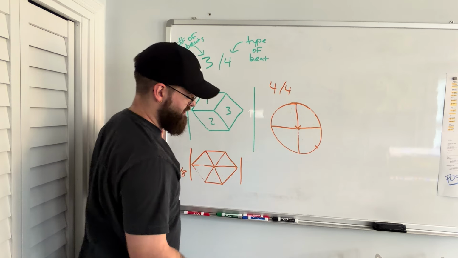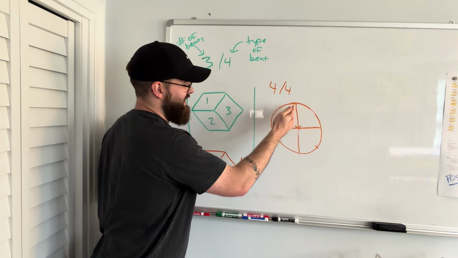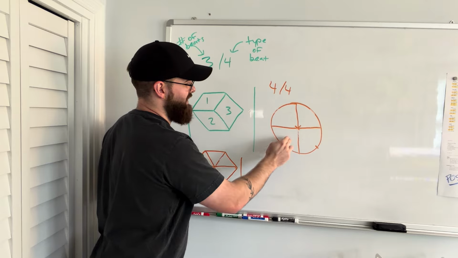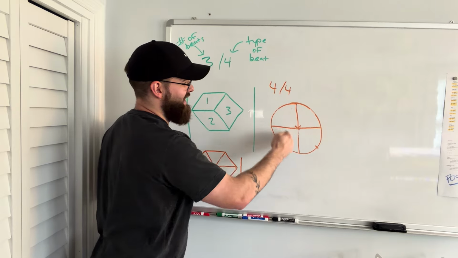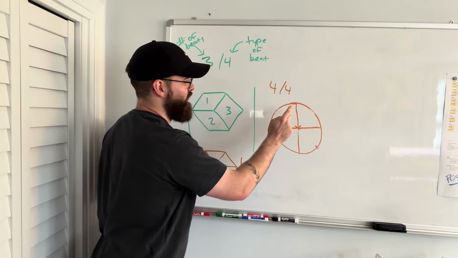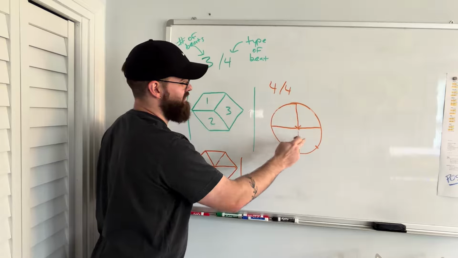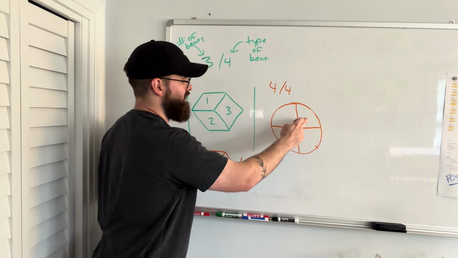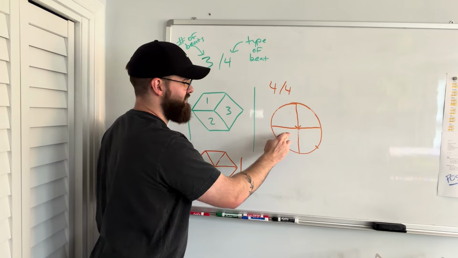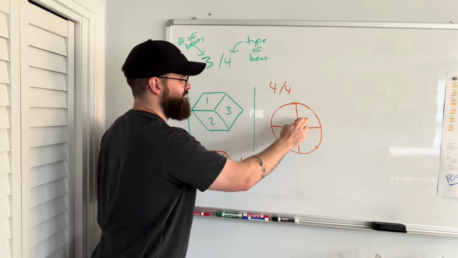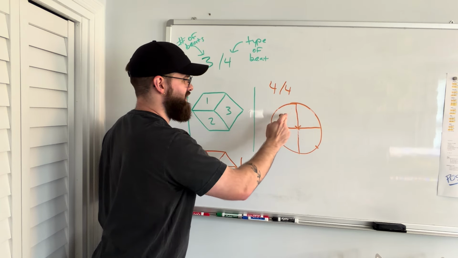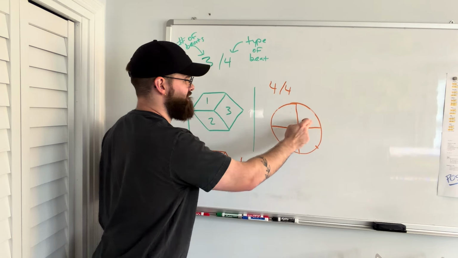Remember when we counted this in 8th notes, we went 1 and 2 and 3 and 4 and. Now if we're counting quarters, it becomes 1, 2, 3, 4, 1, 2, 3, 4. If we count the 8ths, it goes 1 and 2 and 3 and 4.